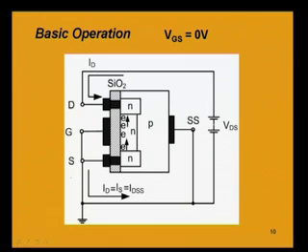but because there is an abundance of electrons in the n channel, there are already free charge carriers, electrons available in the n channel. So, these electrons will be attracted by the positive terminal of the drain to source voltage.